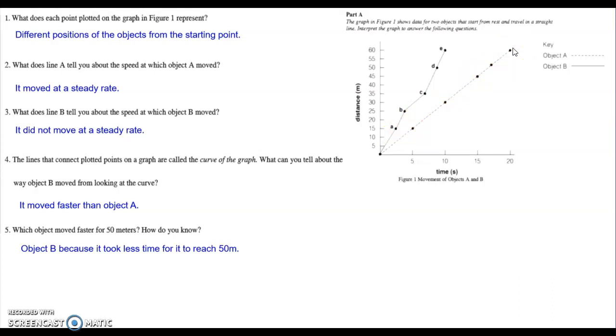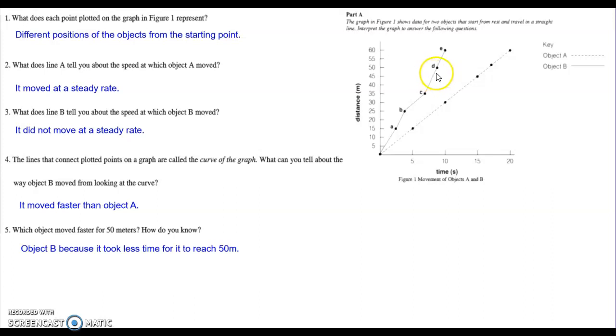Then object B, on number 3, did not move at a steady rate. We see that it was zigzaggy there for a little bit. Then on number 4, it says, what can you tell about the way object B moved from looking at the curve? That's just talking about how the line looks, and that it was moving faster than object A. And it says, which object moved faster for 50 meters, and how do you know?